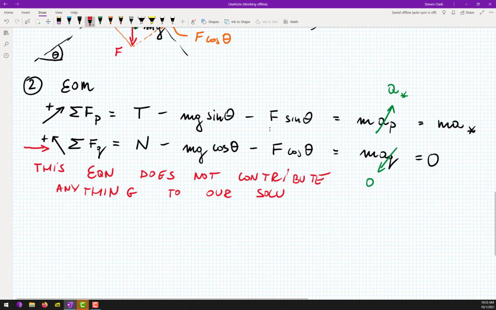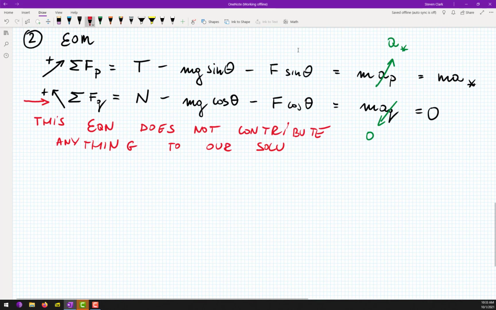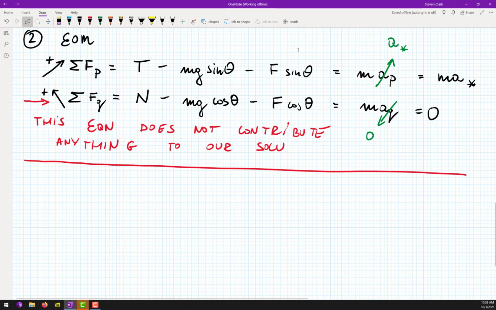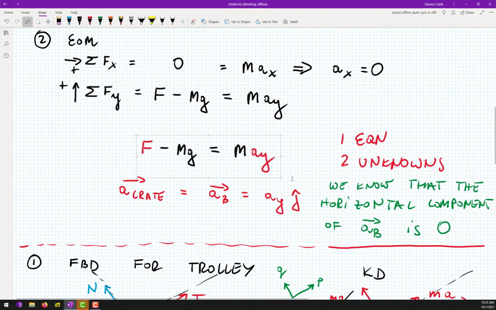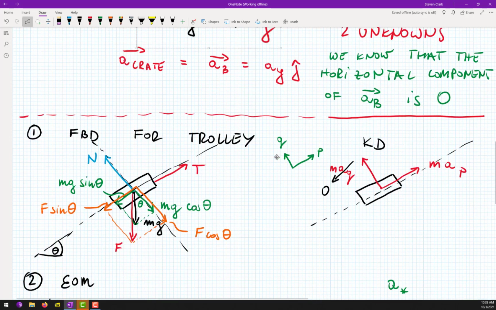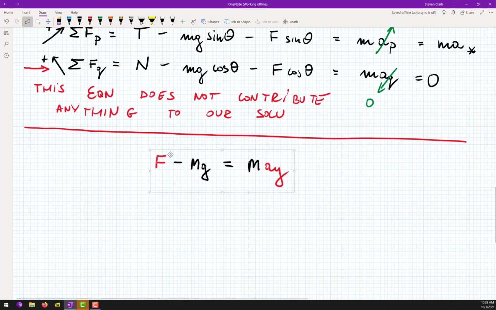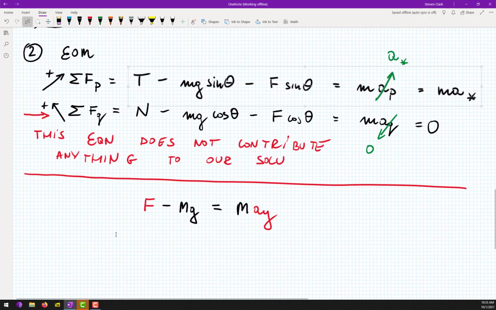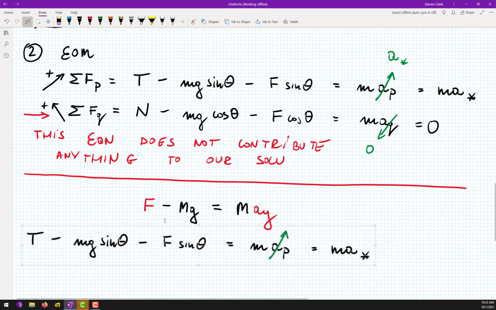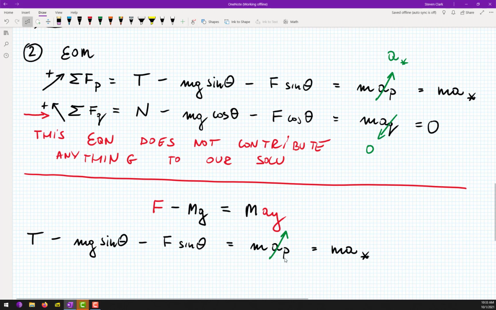So let me sum up what we have right now. I believe that we started with one equation and two unknowns. This thing. And then we have the second equation we were looking for. And hopefully we didn't introduce any additional unknowns.